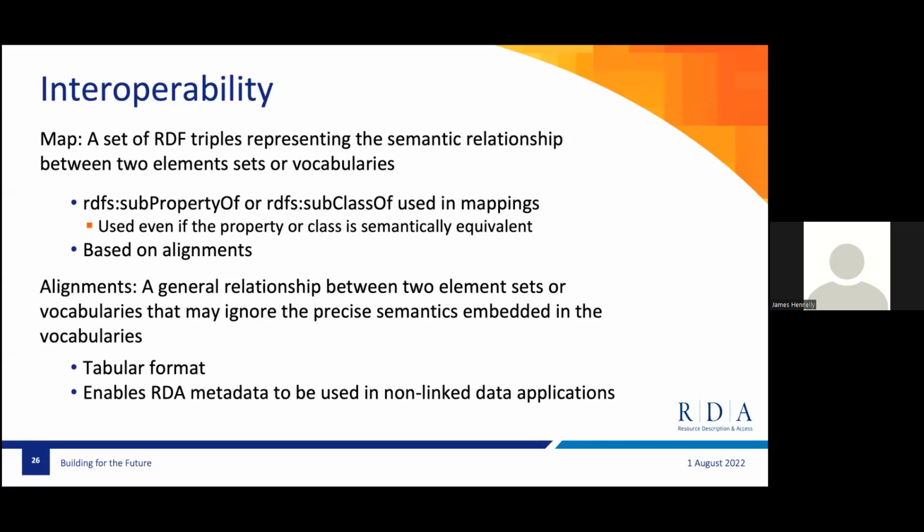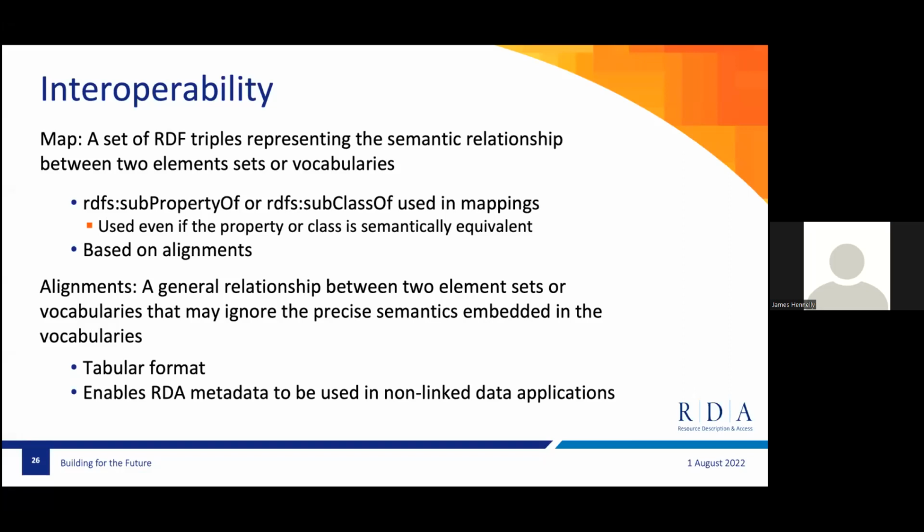And maps are based on alignments. An alignment is a general relationship between two element sets or vocabularies that may ignore the precise semantics embedded in the vocabularies. We provide this just in tabular format, and it enables RDA metadata to be used in non-linked data applications.